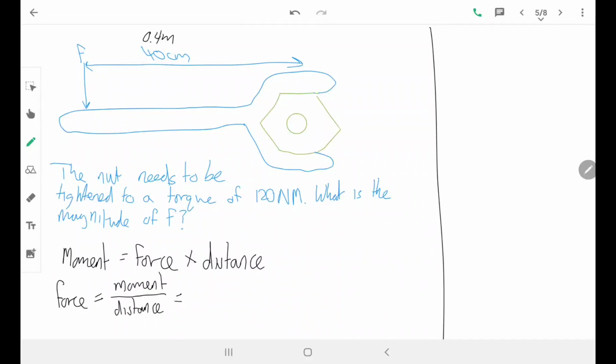So we want 120 divided by our 0.4, which, if we use a calculator, gives a nice answer of 300, and this is a force, so it's newtons. So our force required for this spanner is 300 newtons.